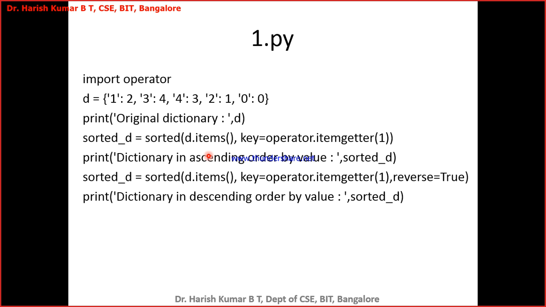If I need both the key and the value, then I go for invoking the method called items on the dictionary. So d.items I'm calling, and next I want all the key value pairs to be sorted based on the value.